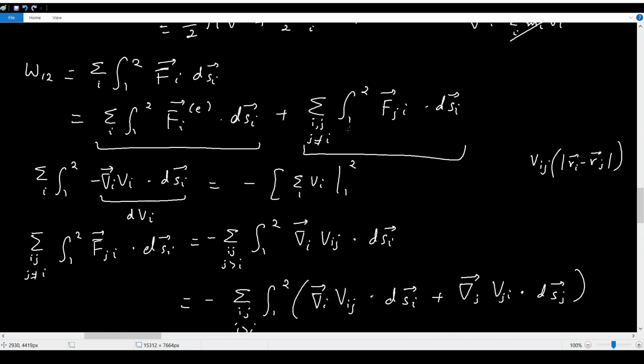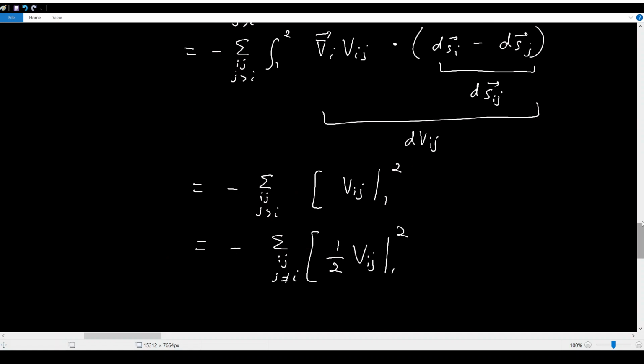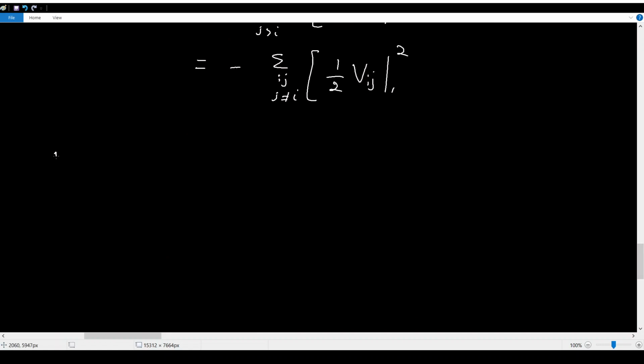This was the first term, the second term, and the first term. Now we can write the work done in terms of the potentials. We have a negative sign, and we had the summation of Vi, where this was due to external forces, and we have the half internal force quantity here, Vij, and this goes from 1 to 2.